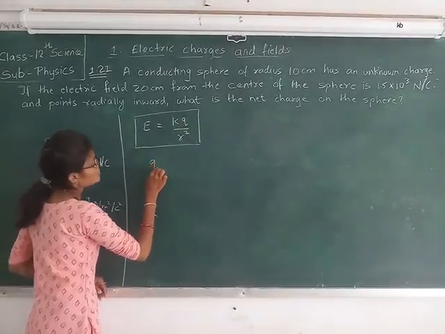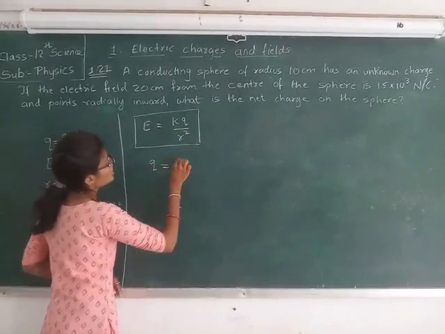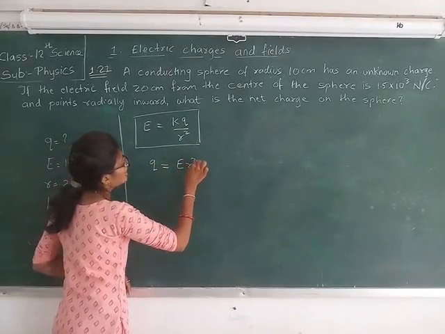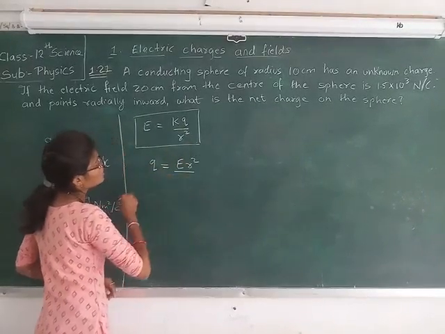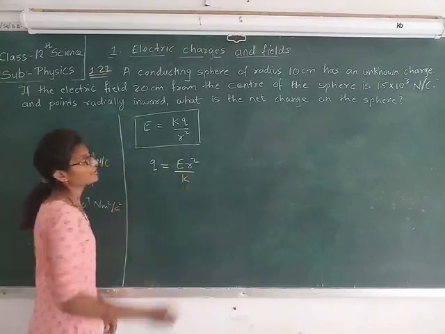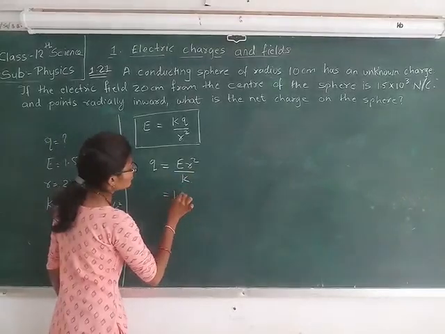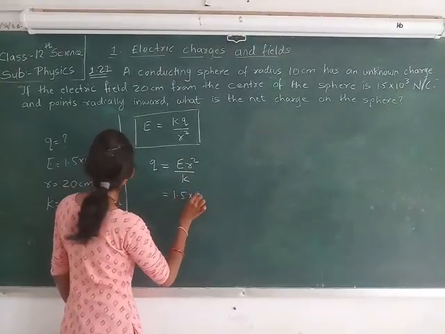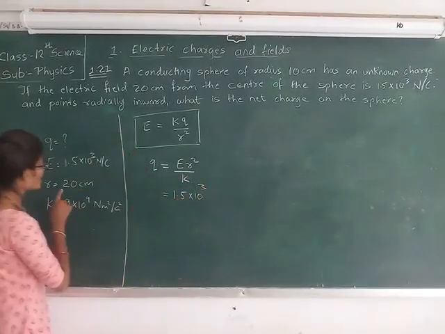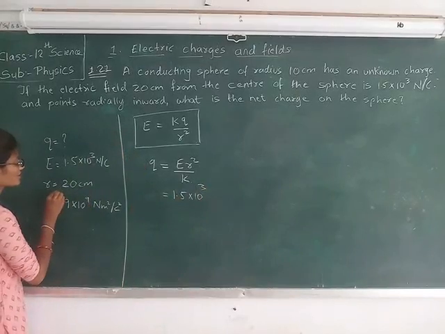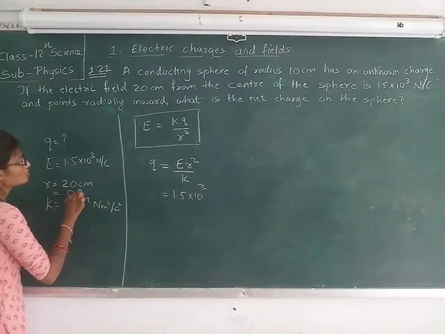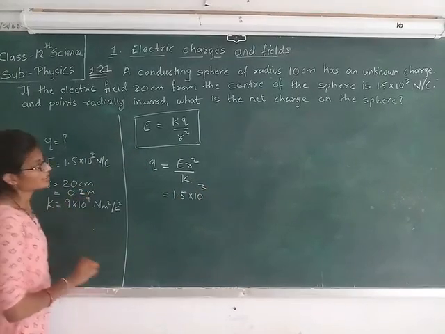Taking Q as subject, Q equals E r square upon k. Substituting the values, we get 1.5 into 10 raised to 3. Here r is in centimeter, so converting that into meter, 0.2 meter.